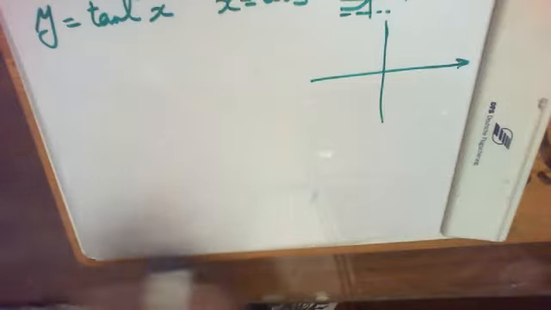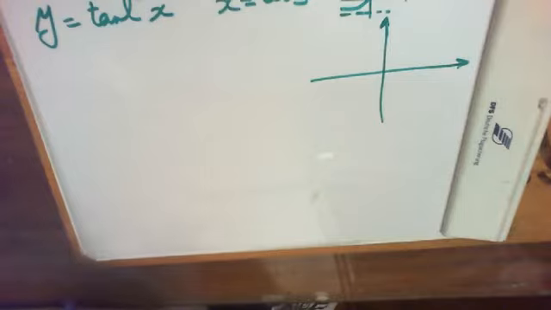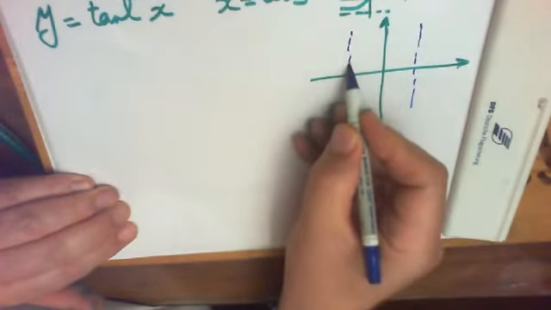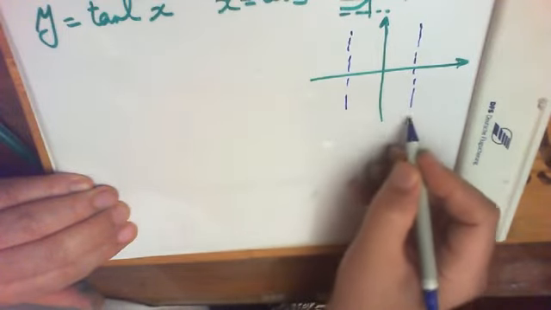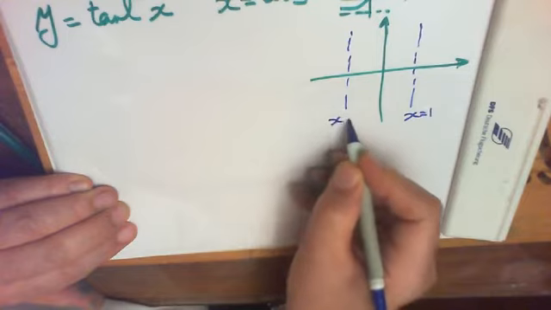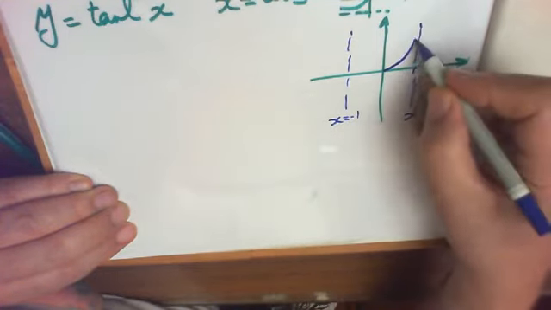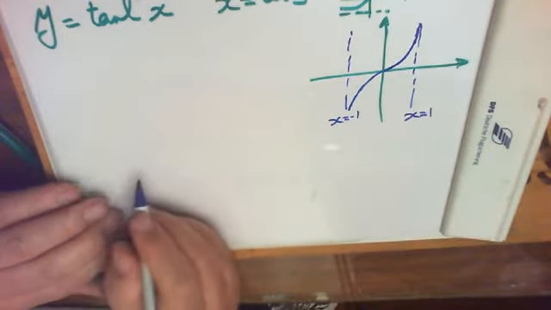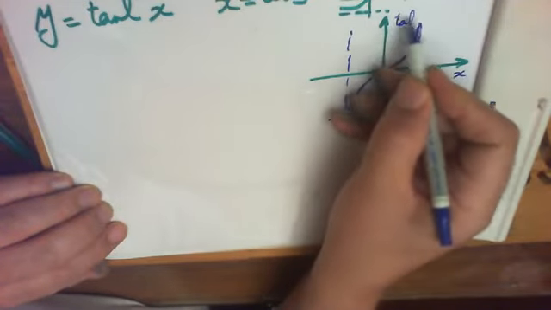Do it by yourself, and you find it like this. The horizontal asymptotes will now be vertical asymptotes. These are x equals 1, these are x equals minus 1, okay, this is for tanh minus 1 x.